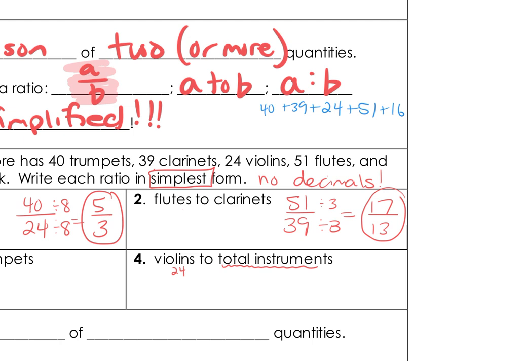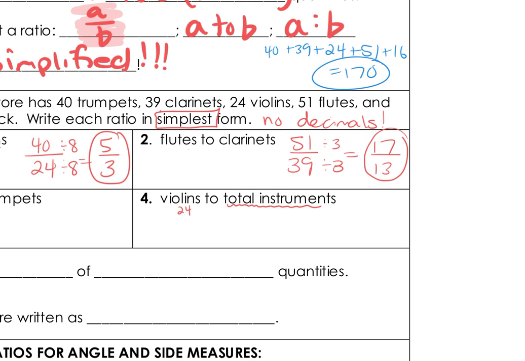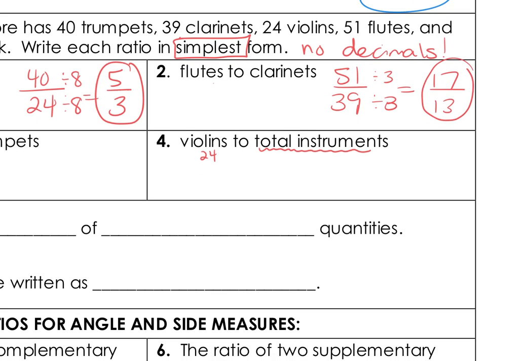So when you add that up, my total is 170. So it's a little bit different. We had a little bit more work to do there. So I've got 24 over 170, and we can divide this one by 2. So I get 12 over 85. That's going to be the most simplified ratio.